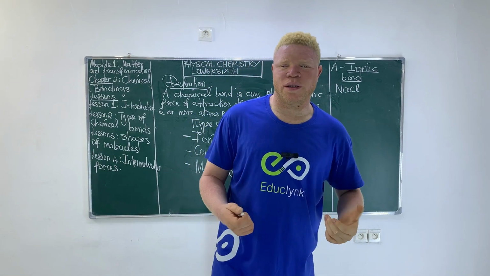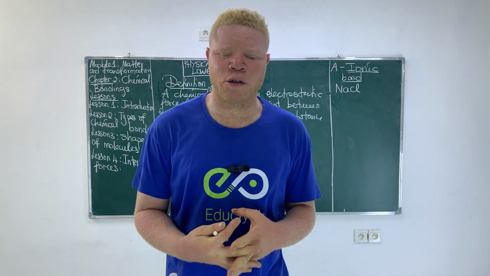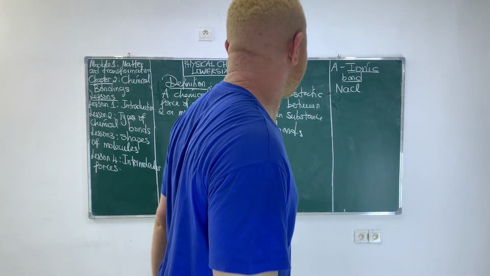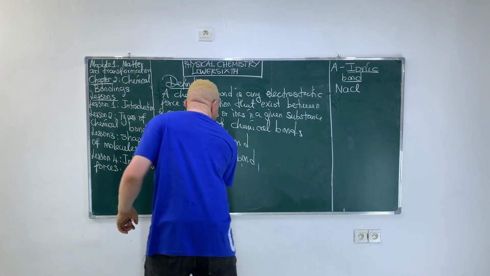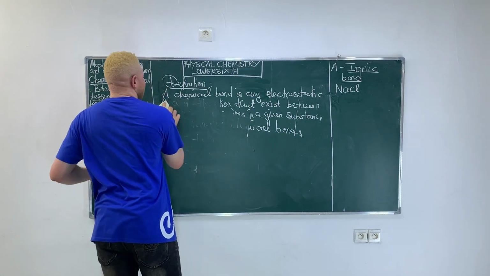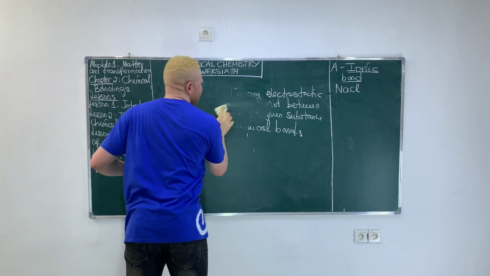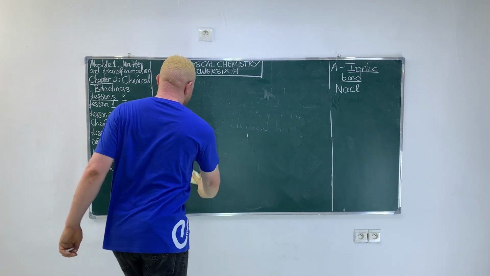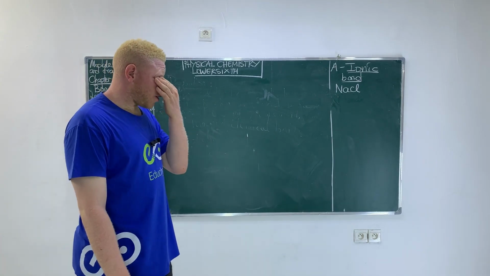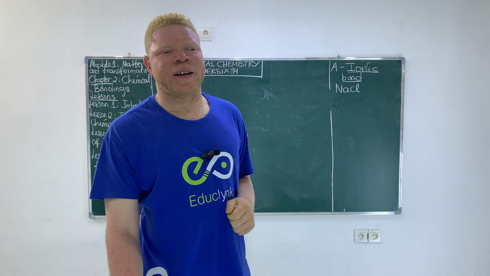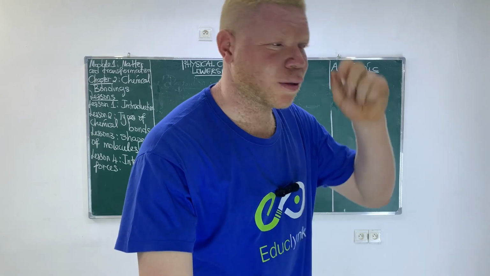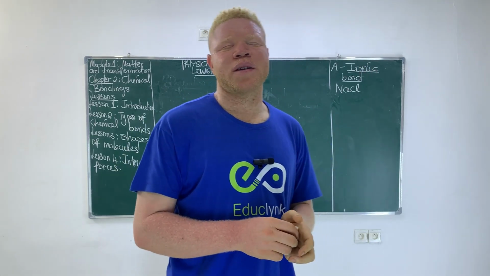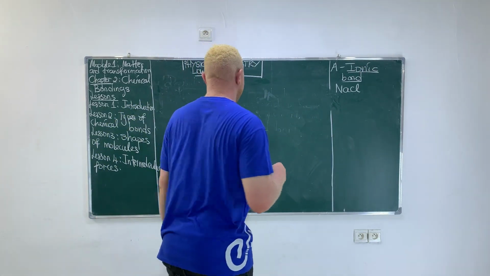So let's illustrate the ionic bond in sodium chloride. We start by writing the electronic configuration of the elements in the compound.